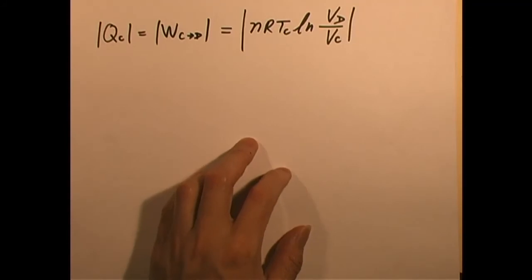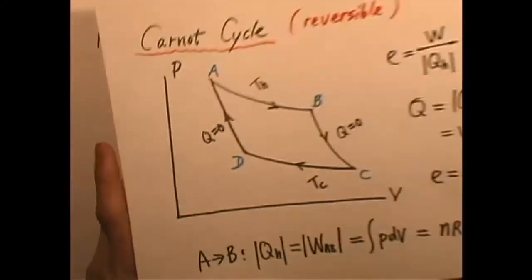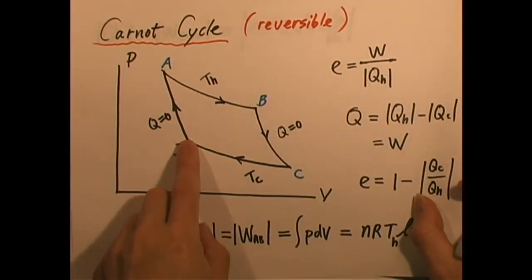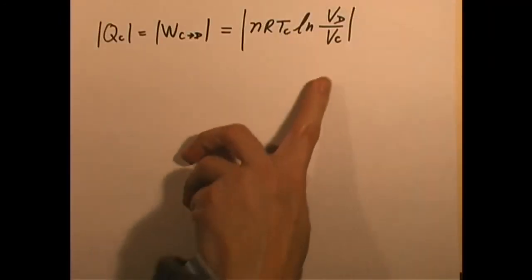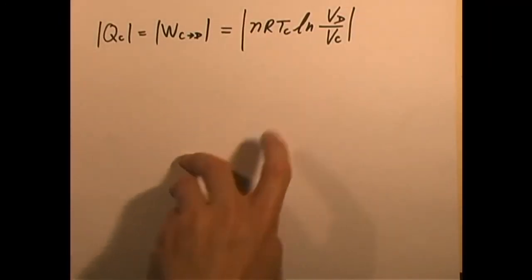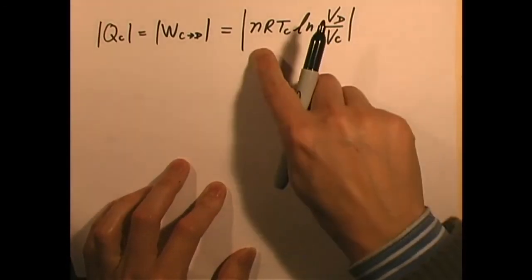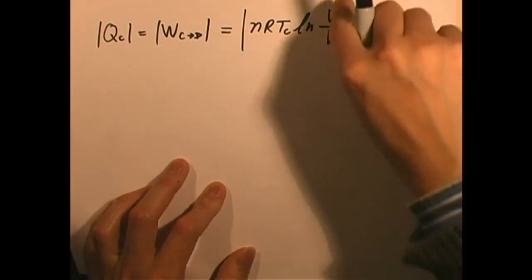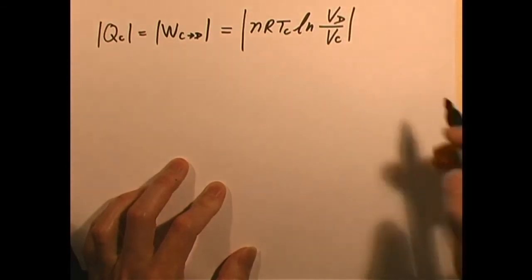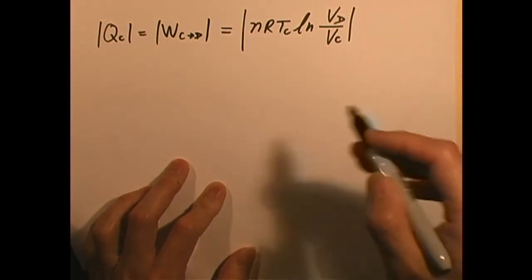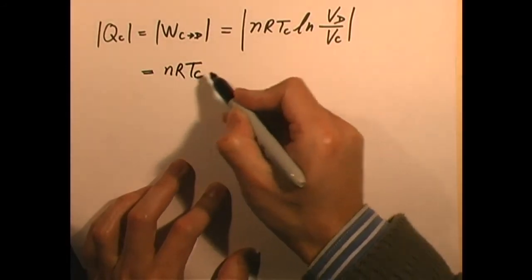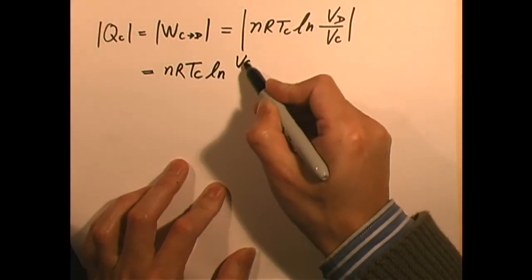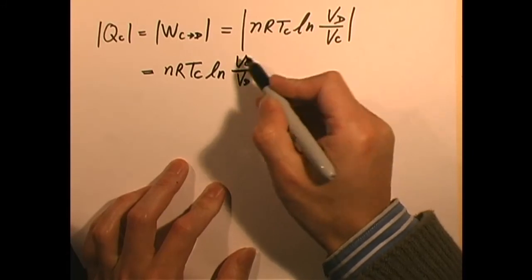VD is less than VC. Let's put this diagram back here. VD is right here, VC right there. So VD over VC is less than 1. The natural log is negative, but the whole thing has an absolute value. So when I take this absolute value away, I must reverse VC and VD. So it should be log of VC over VD if I want to stay positive. So this is nRT_C log of VC over VD.